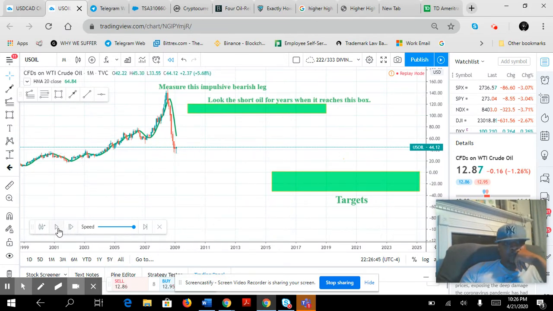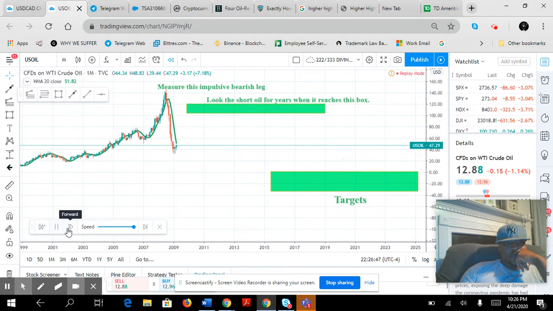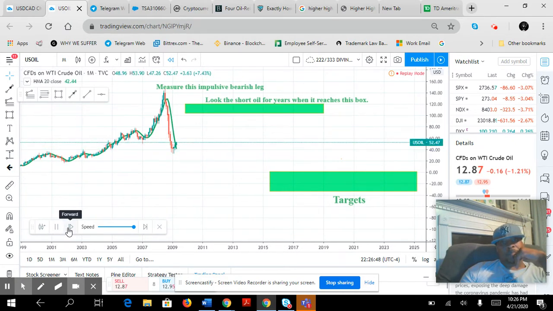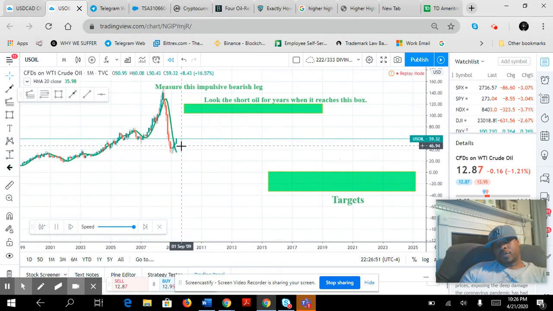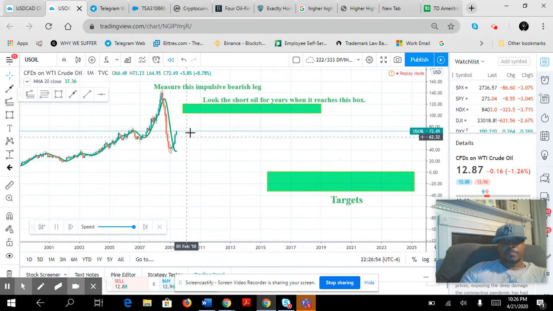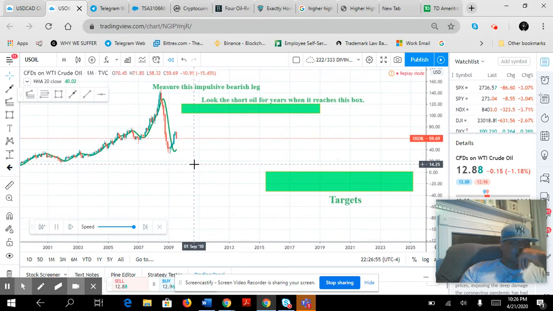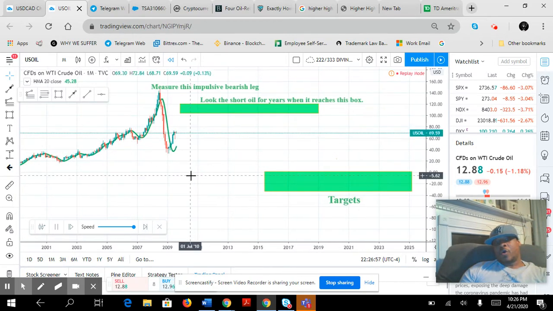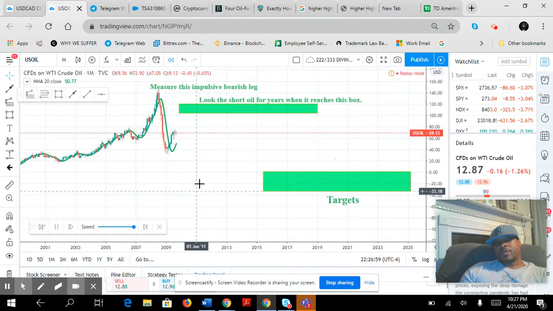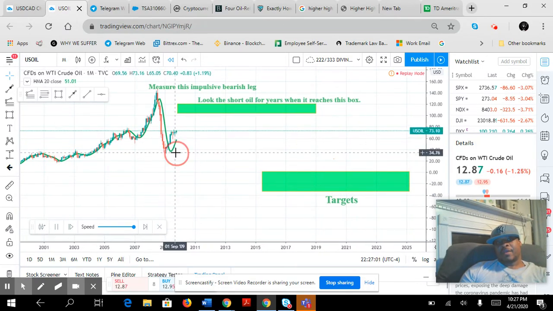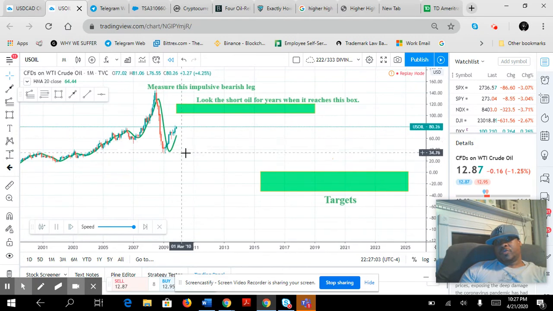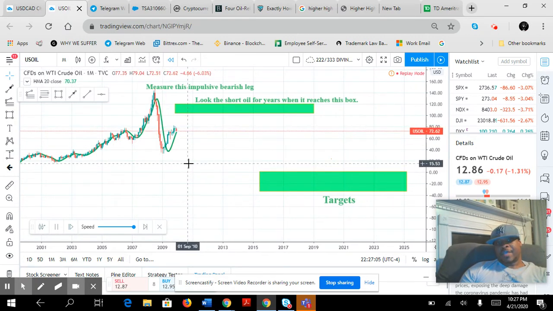So we're playing. See, we already got our 4 bars. We're up. And if anybody understands the whole indicator, this green line that I have right here, you already know what time it is.